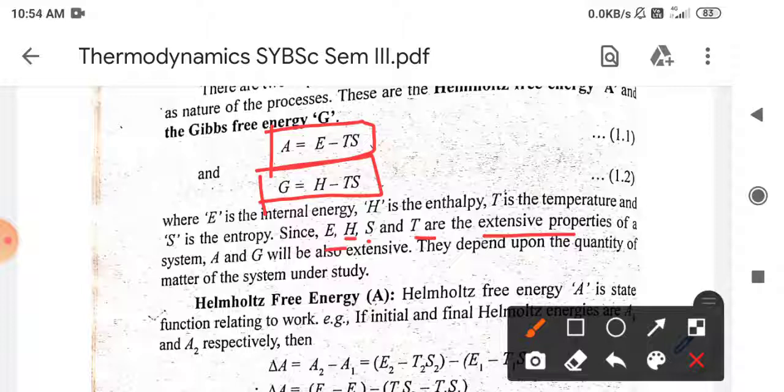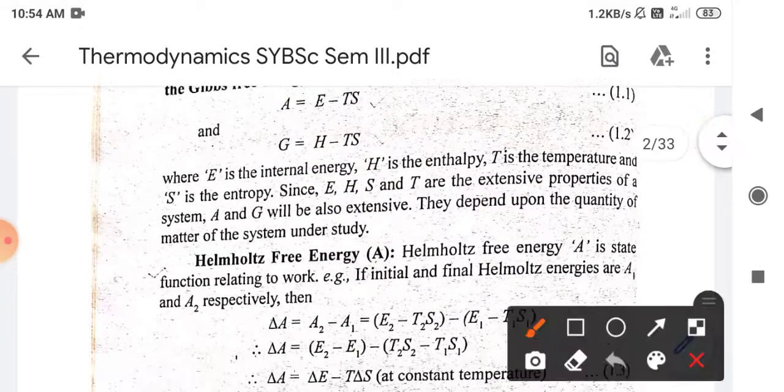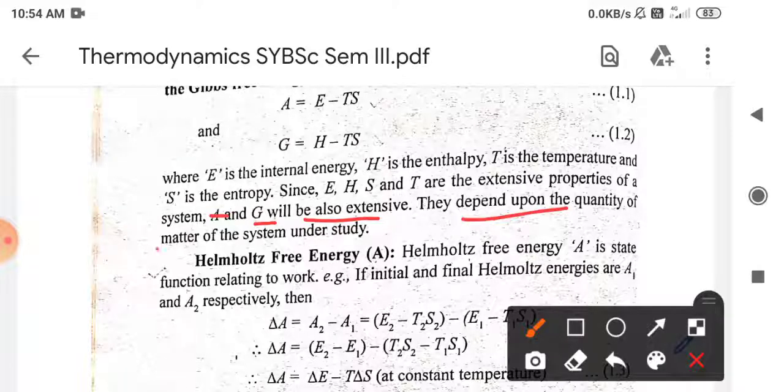So if all these properties are extensive, then a combination of these properties is also an extensive property. So Helmholtz free energy A and Gibbs free energy G are also extensive properties. That means they depend upon the quantity of matter present in the given system under study.